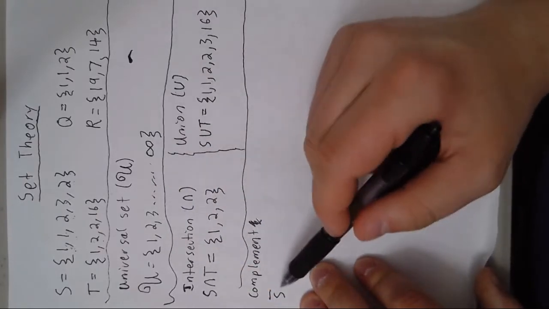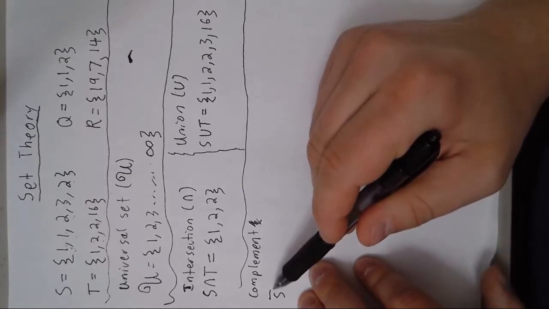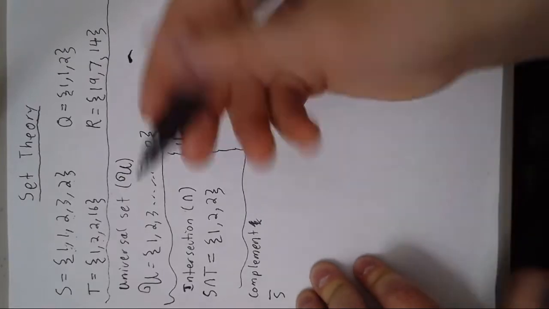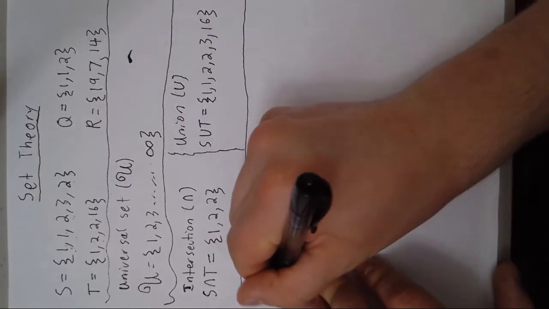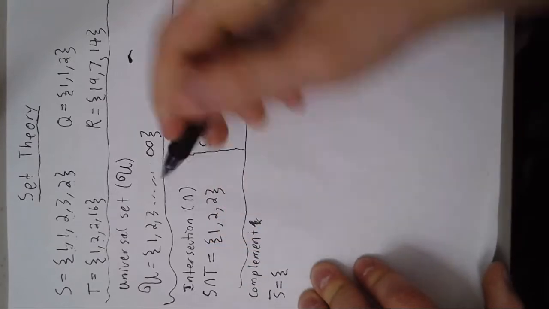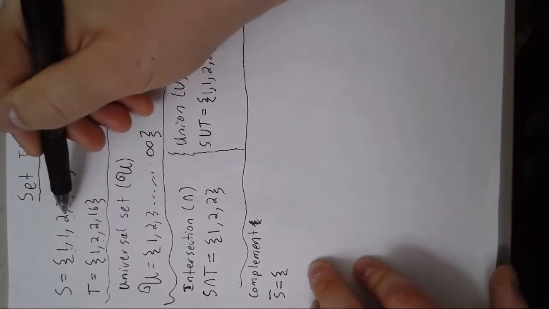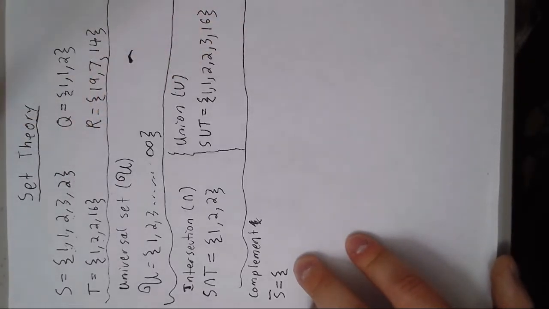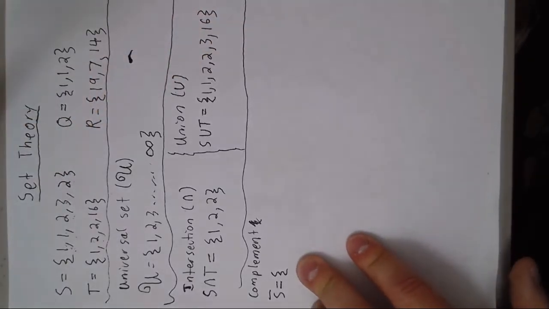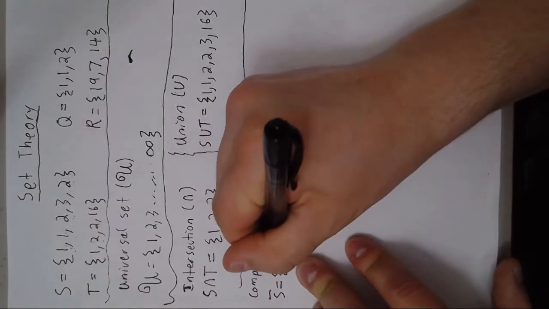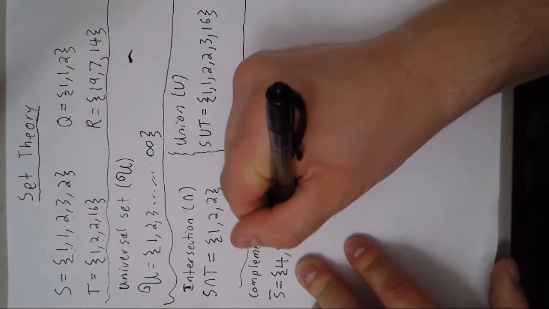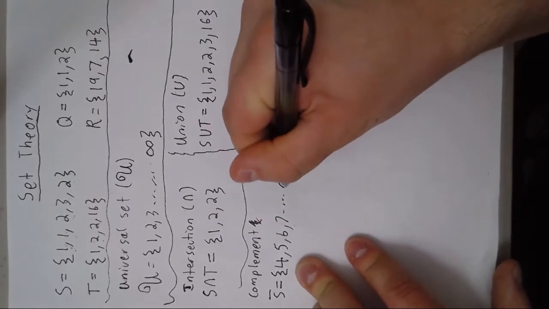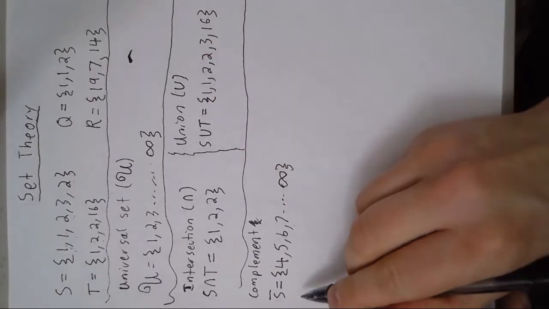A good way to think of this, like in Boolean algebra in the next video where you're going to see how these are similar, is everything that's not in S. So 1 is in S, so we wouldn't include that. 2 is in S, wouldn't include that. 3 is in S. And then we have everything from 4 to infinity that's not in S, but is in the universal set. So it would be 4, 5, 6, 7, dot dot dot, all the way to infinity. And that would be the complement of S.